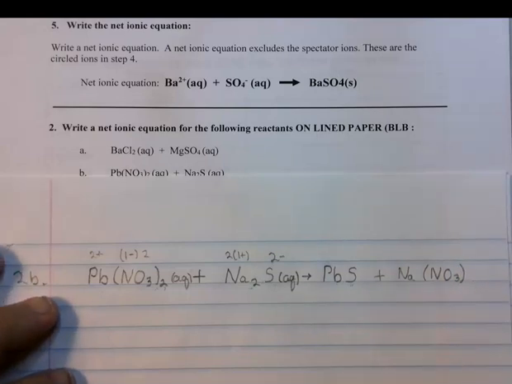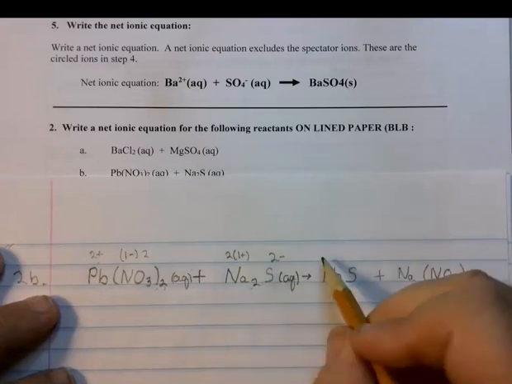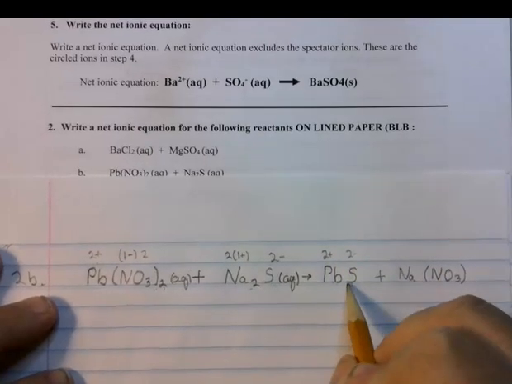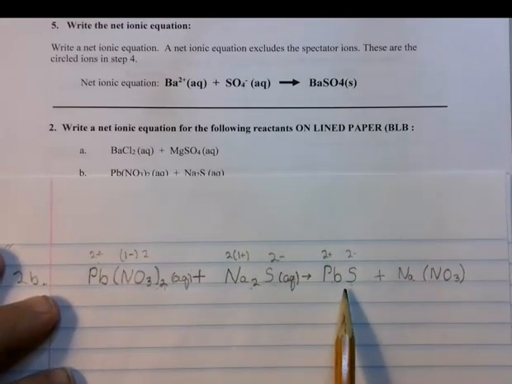Okay, let's see if our charge is balanced. So we had a Pb with a 2+ here and a sulfide with a 2-. So these two are 1-to-1. It's 2+ and 2-. That works out just right. You don't need to add any subscripts. What if they weren't in balance? That's when you would put subscripts down here, okay, to get the charges to balance.